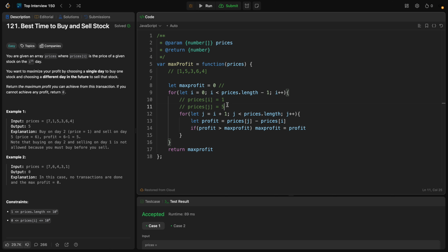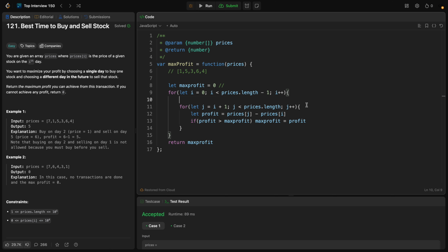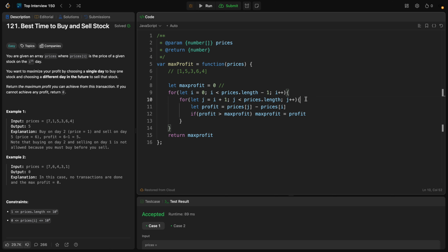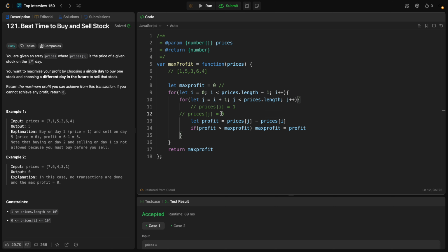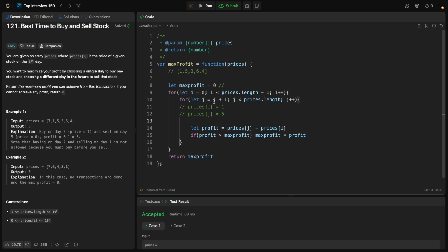Everything is in the inner loop. So at the beginning we start with prices of I and prices of J. We buy at 1 and we sell at day 2, which will be 5, because J is I plus 1.